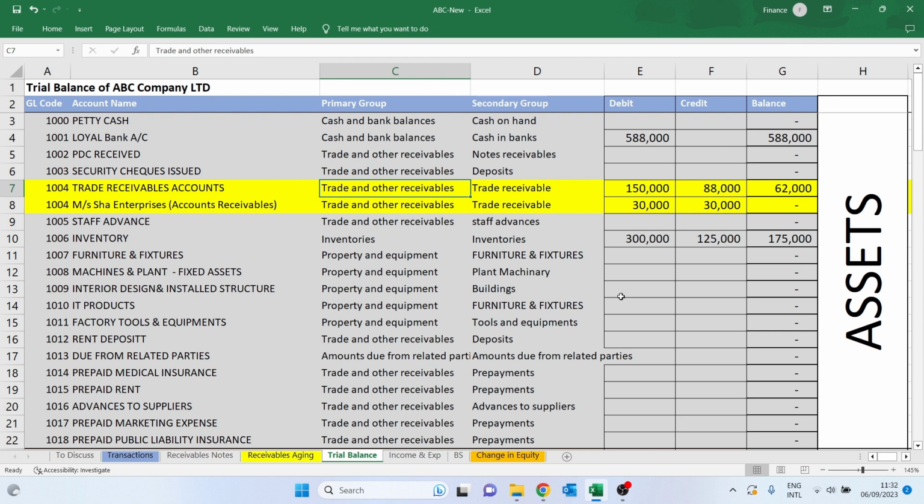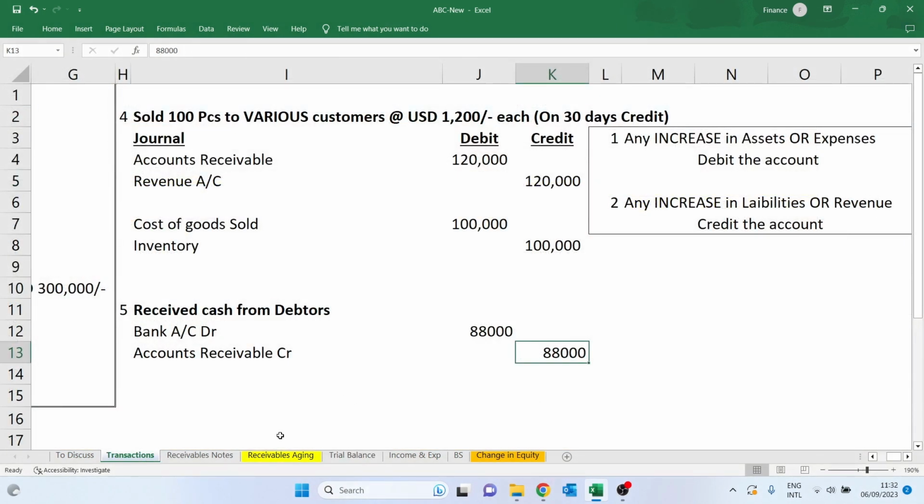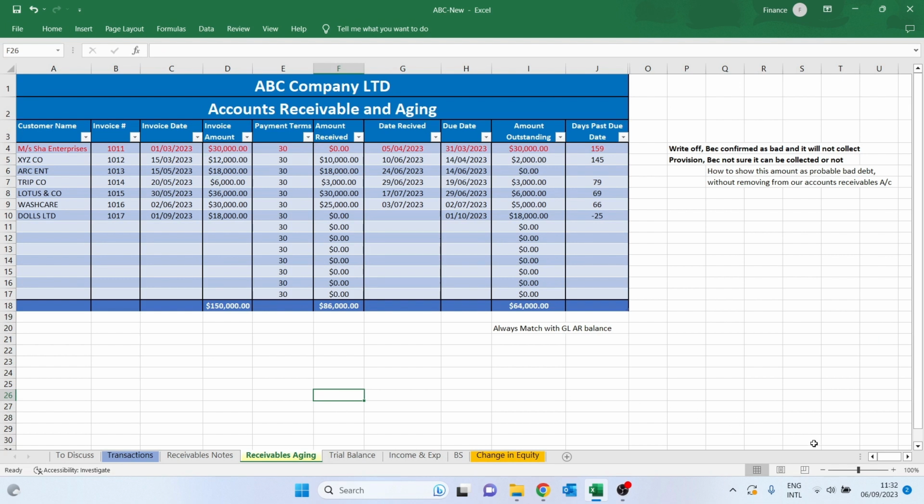Okay, now let us move to the next part, receivables aging. As we just discussed, all the details of the customers should be available in the accounts receivable section.